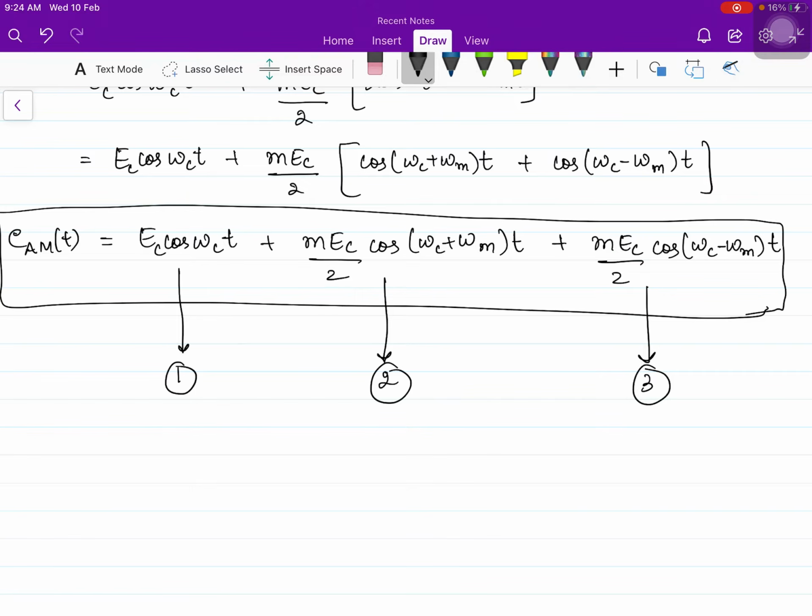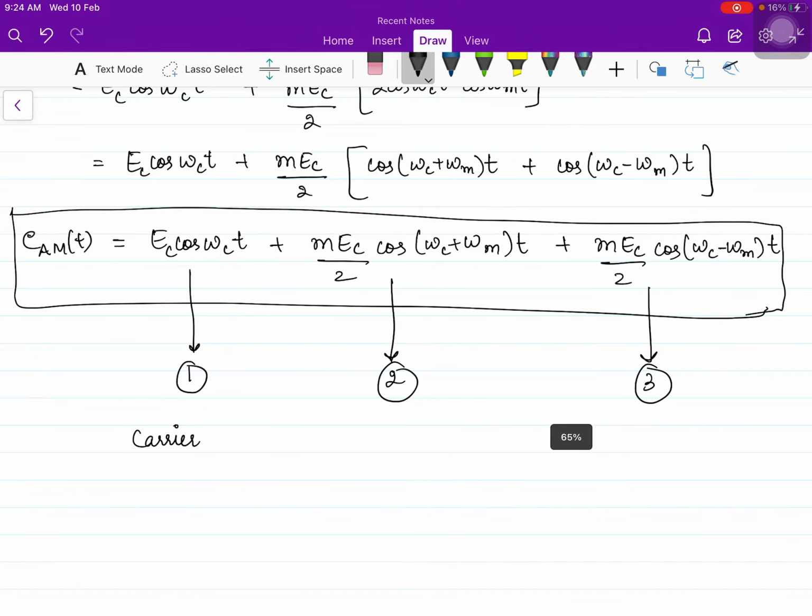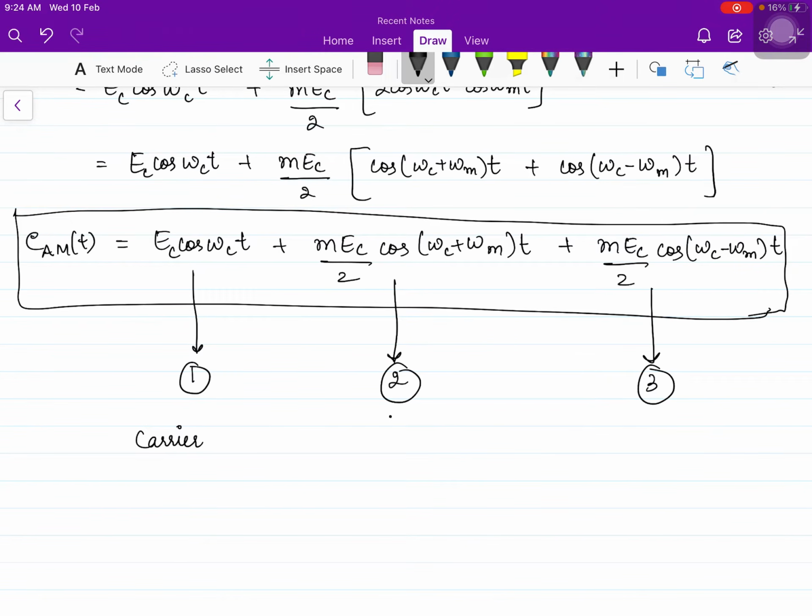The first term is nothing but the carrier signal. The second one, you can see, is a sum of two frequencies. So the second and the third terms are categorized into sidebands.